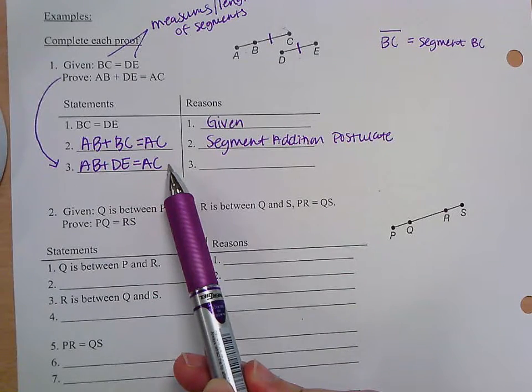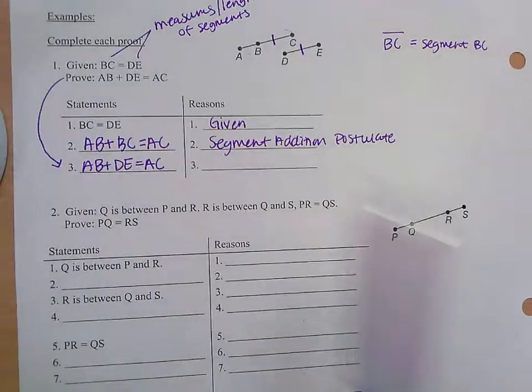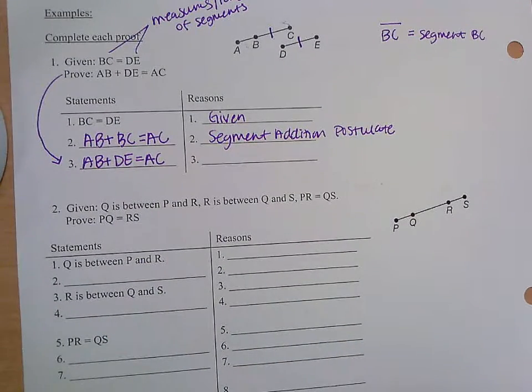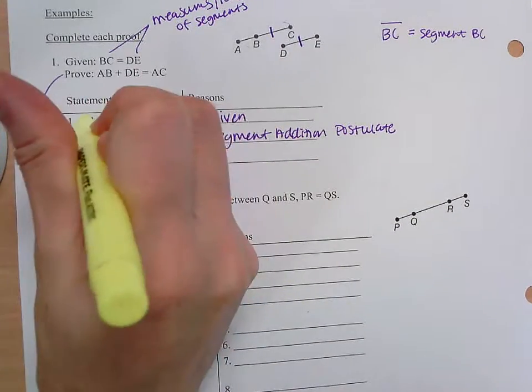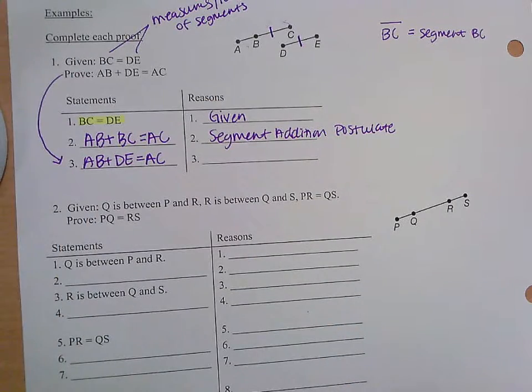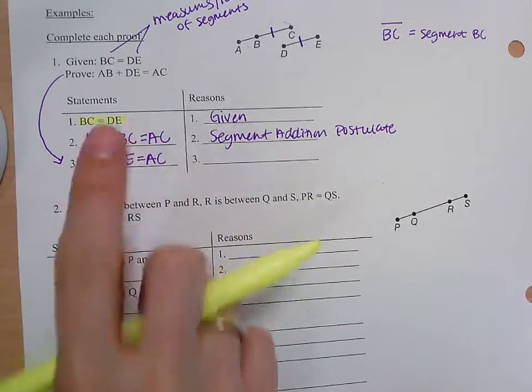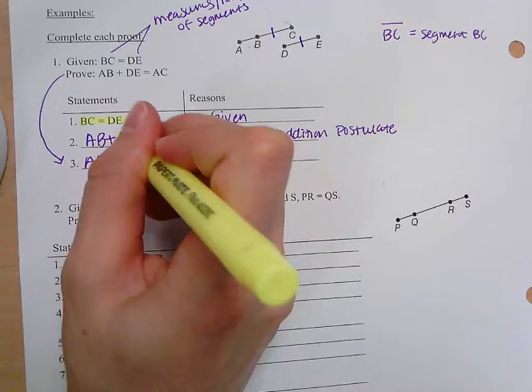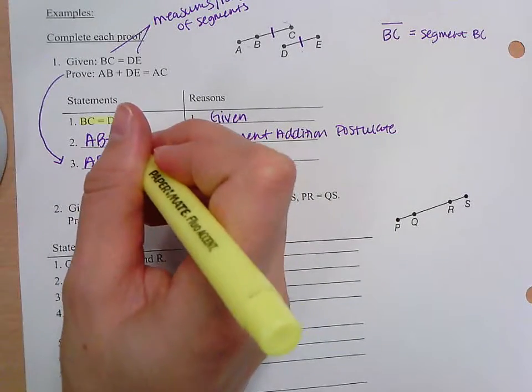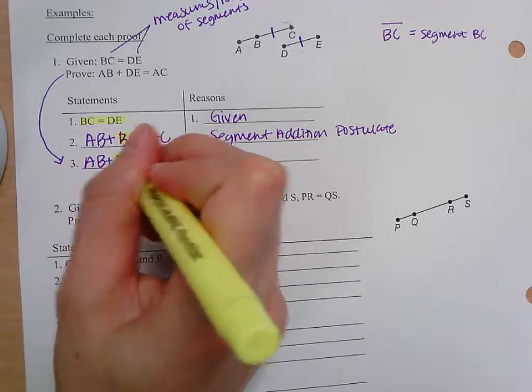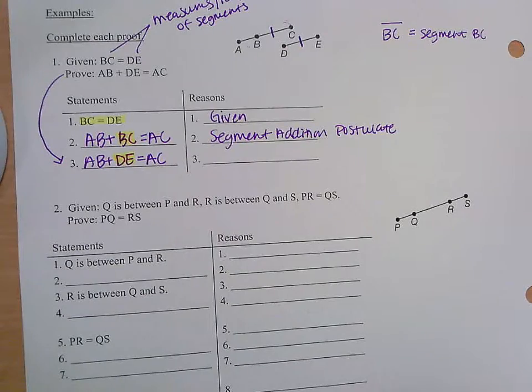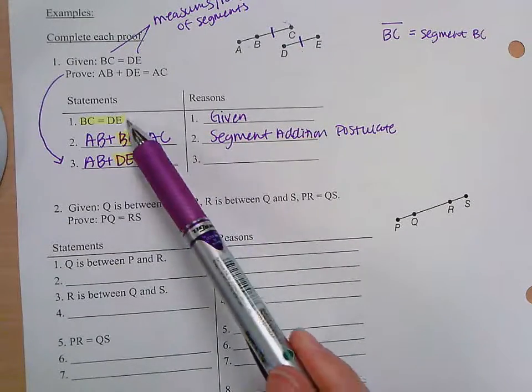Okay, it is substitution. If I look at line 1, I know that BC and DE are equal to each other. If I look at line 2, here's where I have BC. All I'm doing from line 2 to line 3 is replacing BC with DE, because I know they're equal.